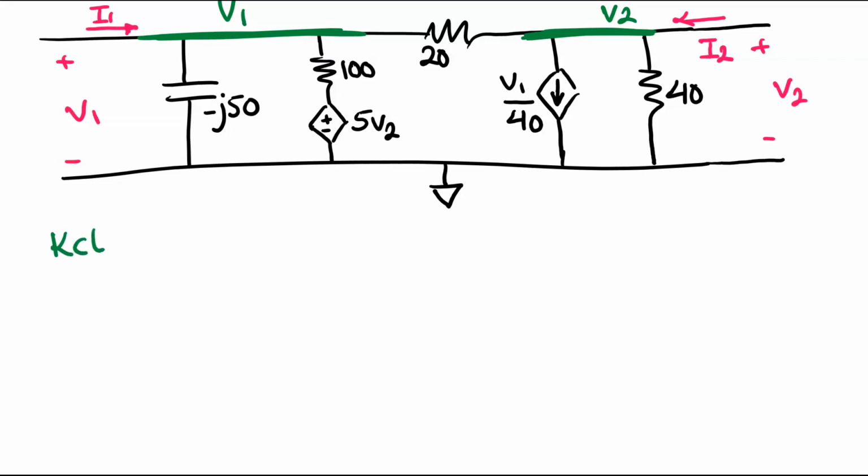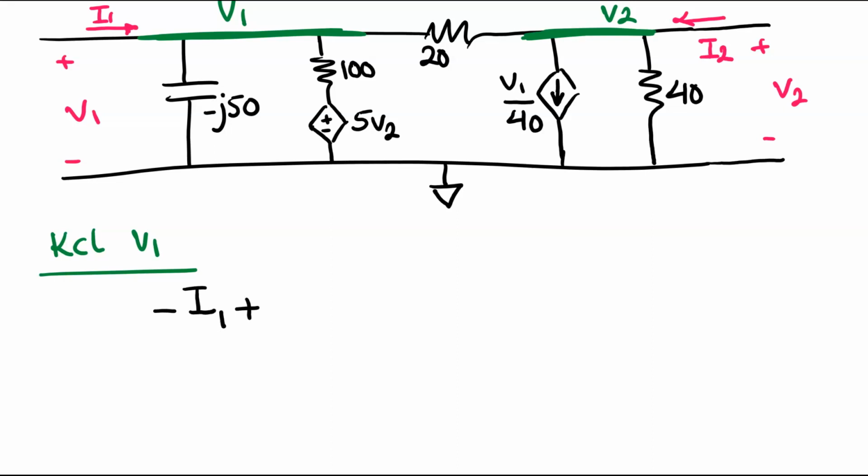So KCL for V1 tells me that I have I1 entering this node. So don't forget about I1, because you don't know what is behind this input terminal. Whatever is attached can apply a current of I1. So I1 is entering, and therefore it's going to be minus.